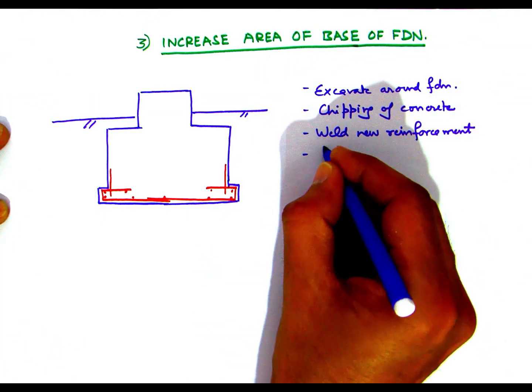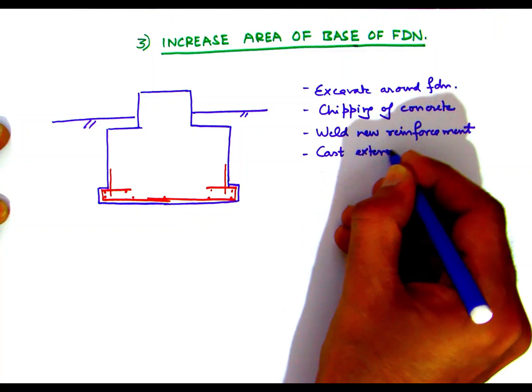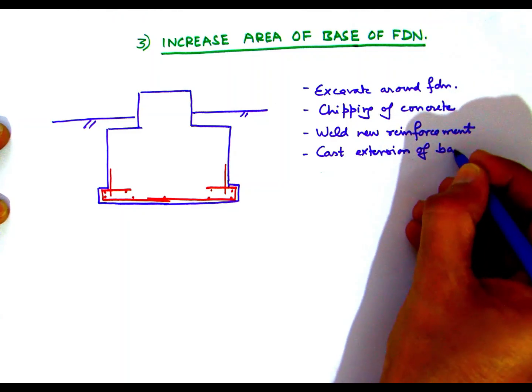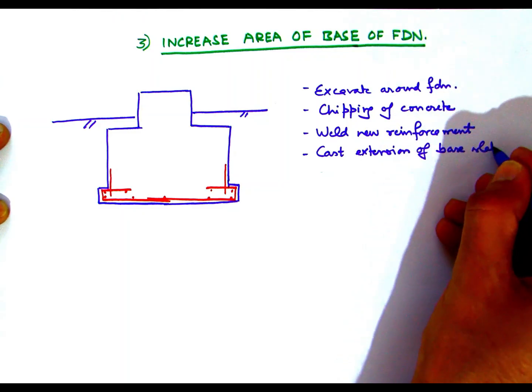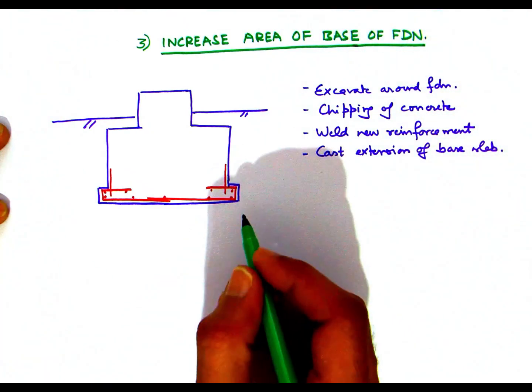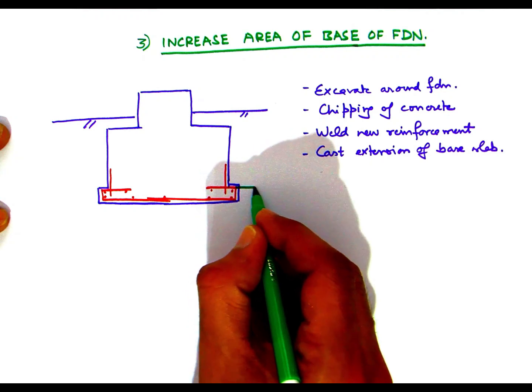New reinforcement bars of the proposed extension of the base slab are to be welded to the existing reinforcement, and then once this has been done, casting of the extension of the base slab can be done as is shown here.